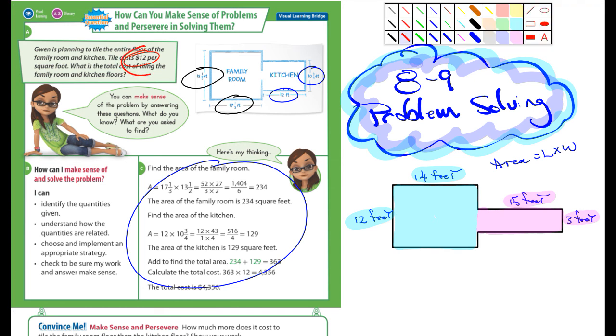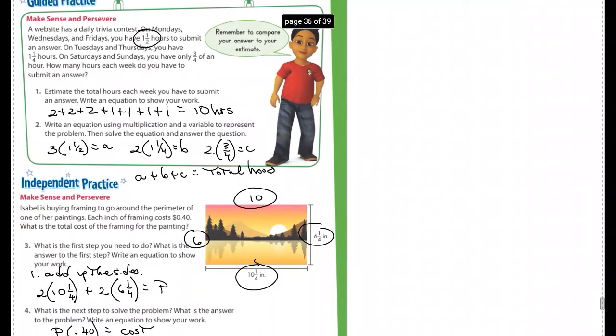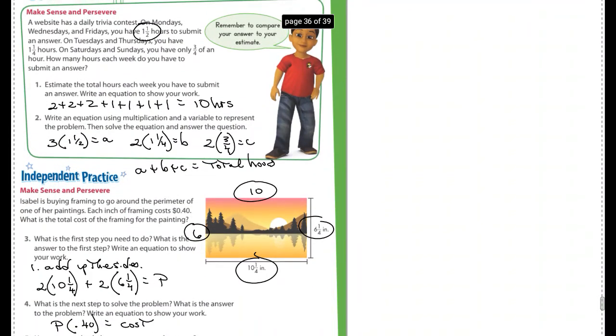It's $12 per square foot. Once you figure out the difference in size between the family room and the kitchen, you multiply that number by 12, and then you'll be able to solve that particular problem. They convinced me.